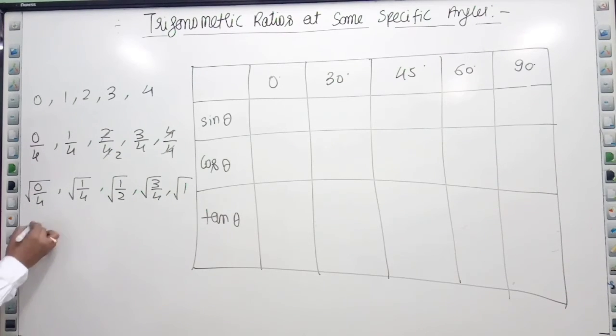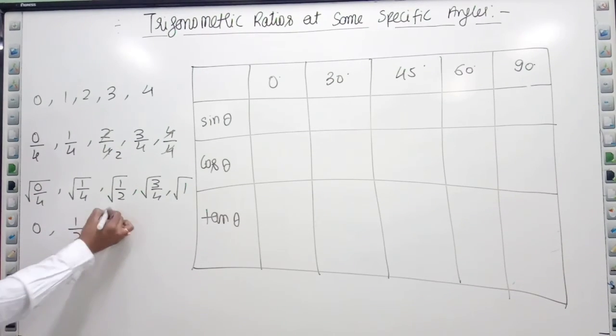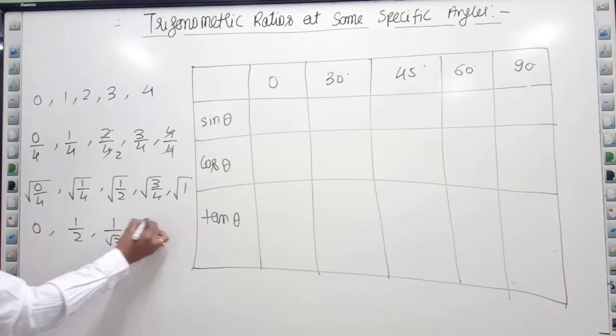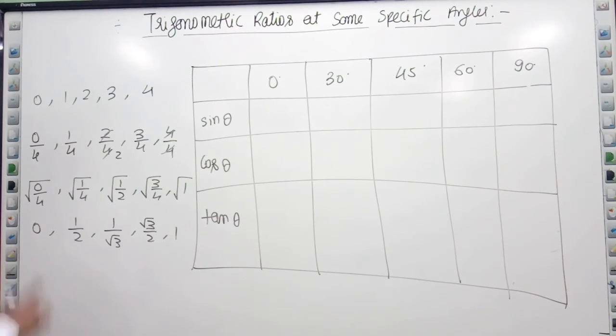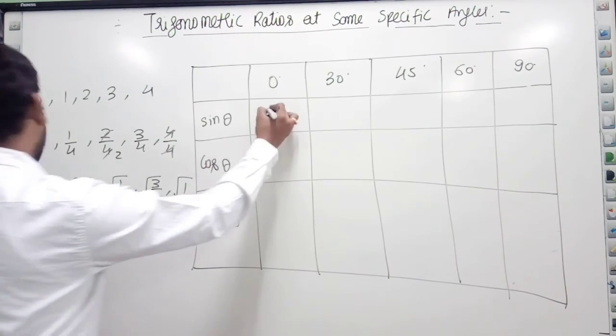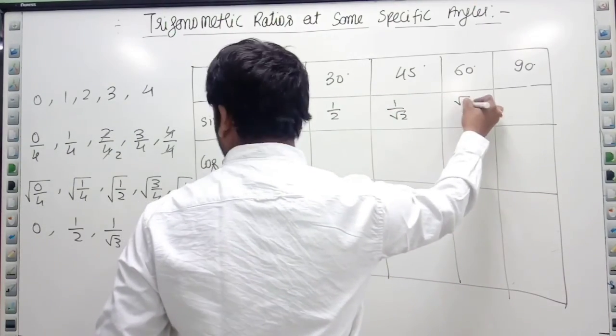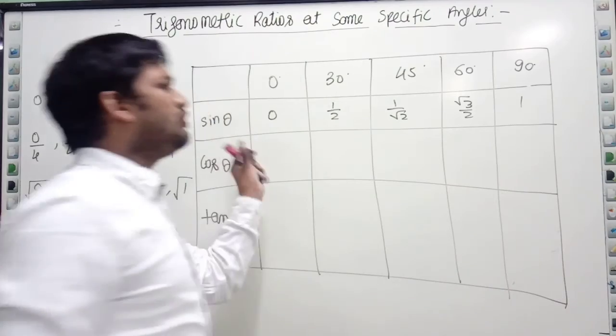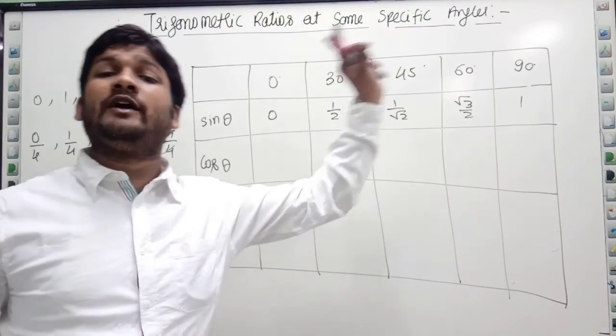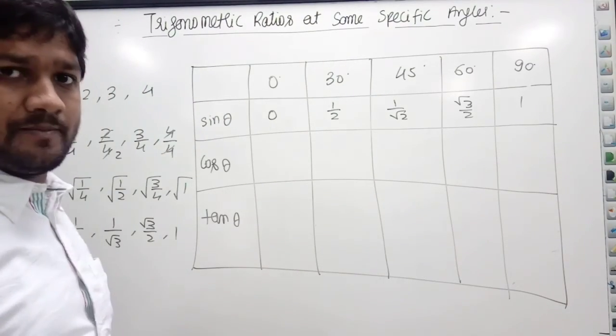This is 0 by 4 is 0, 1 by 4 is 1 by 2, this is 1 by root 2, this is root 3 by 2, this is 1, and this is the value of sin theta: 0, 1 by 2, 1 by root 2, root 3 by 2, 1. I have written it like this.